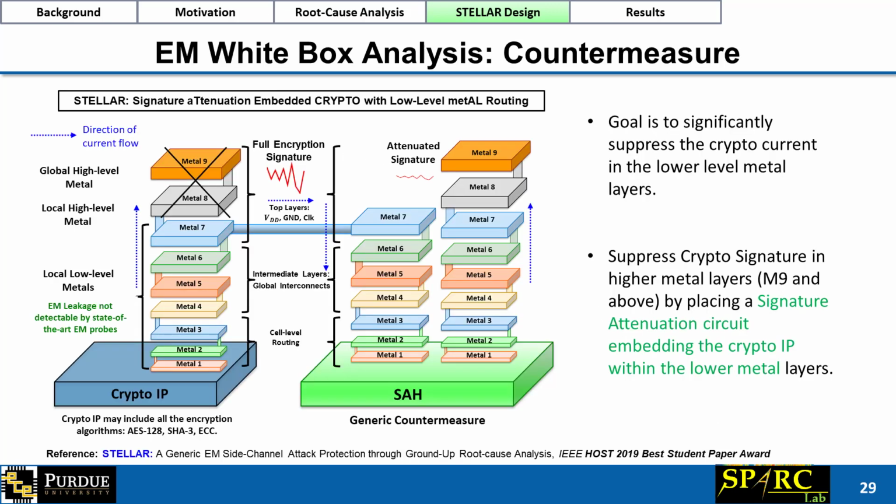With the Stellar technique, we propose routing the crypto engine locally within the lower level metal layers and then embedding it within a signature attenuation hardware, which significantly suppresses the critical signature even before it reaches the top metal layers. The attenuation can be achieved using an inline current domain signature attenuation hardware.